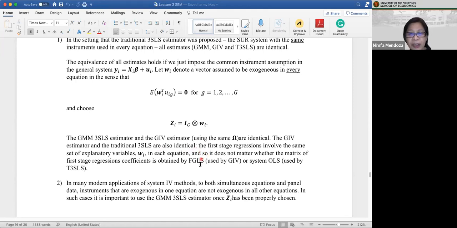The first stage regressions involve the same set of explanatory variables in each equation. And so it does not matter whether the matrix of first stage regression coefficients is obtained by feasible GLS used by GIV or system OLS used by the traditional three-stage least squares estimator.